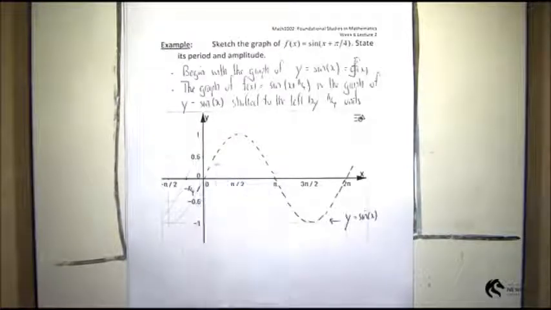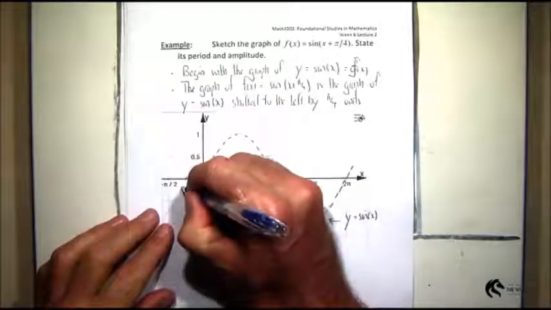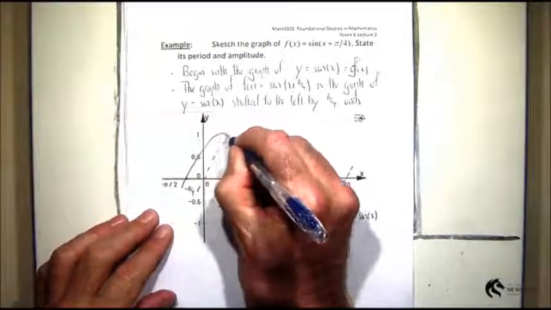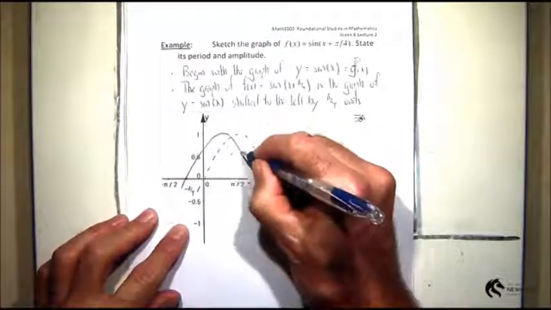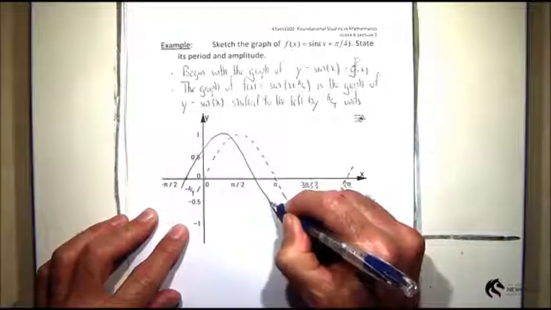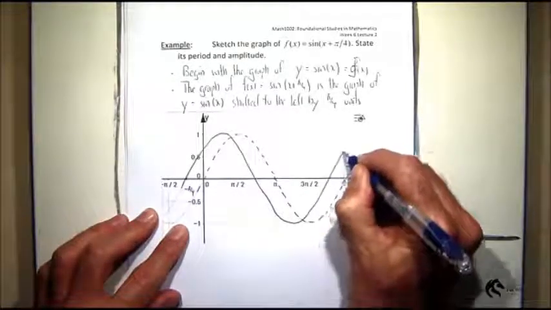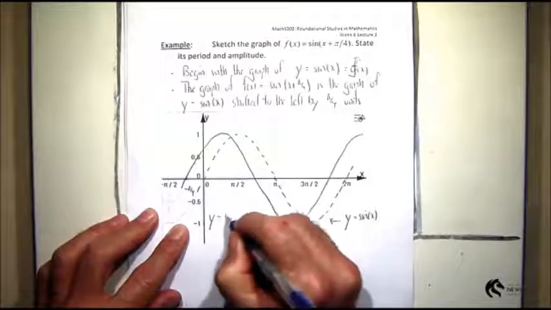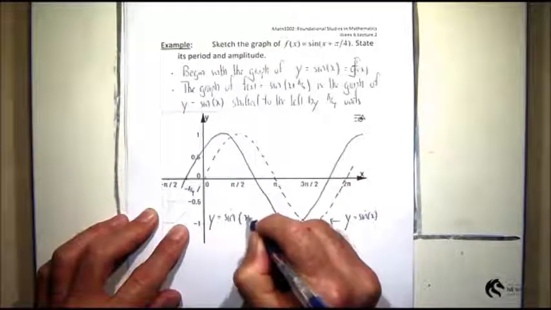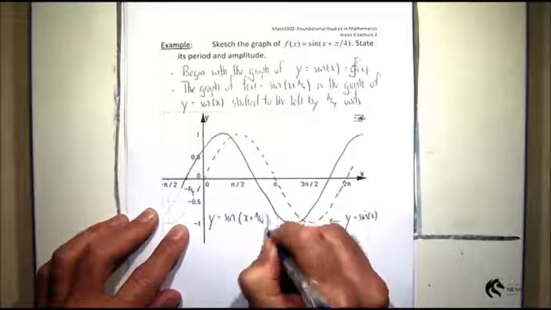And that being the case, then here comes my graph that I'm after, if I can trace that down. And so this becomes the graph of y is equal to sine of x plus pi on 4.